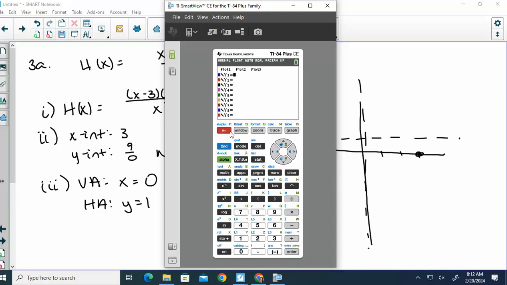Either one is fine. So if I graph this, x squared, and your graph should match the stuff we have.